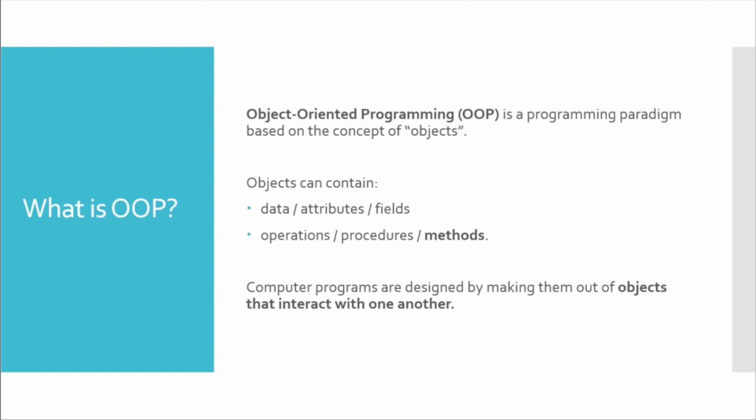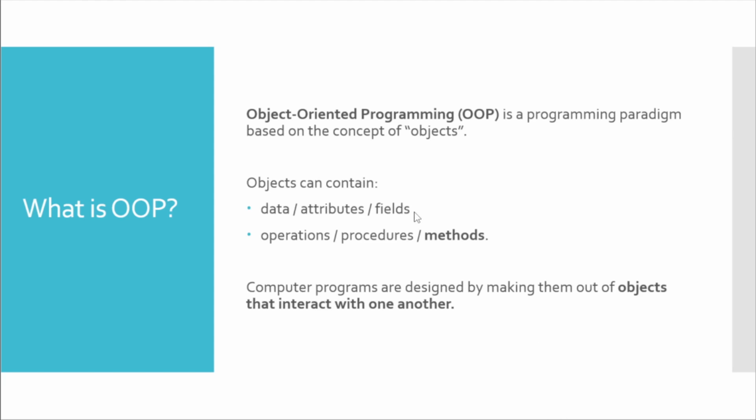There are a lot of descriptors or data that the chair contains, no? So in Java, objects can have different data within them as well. We can call them data, attributes, or fields.